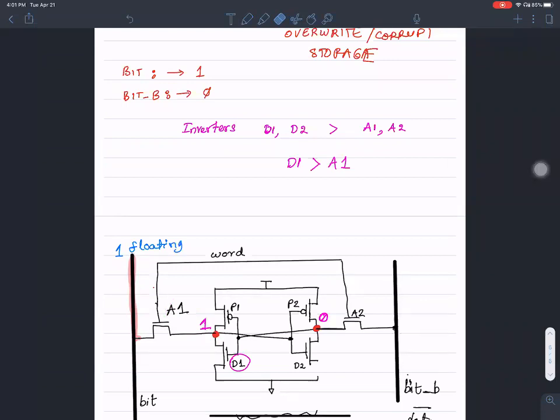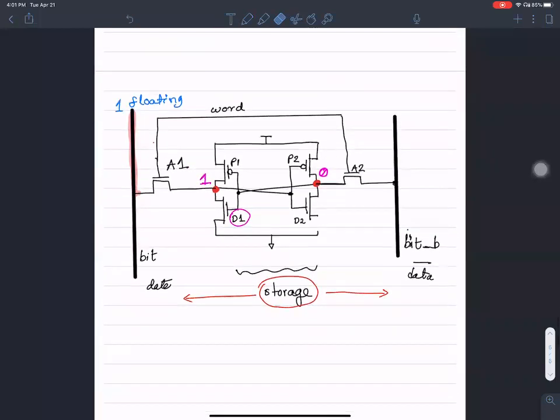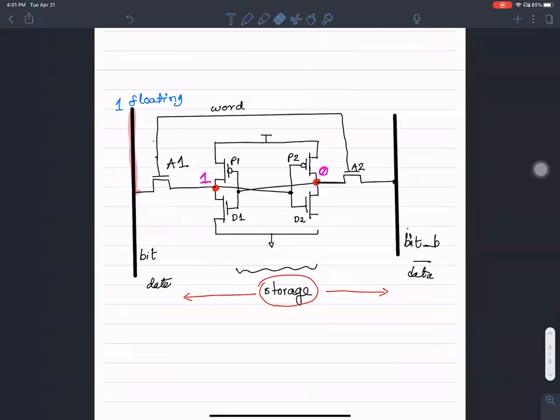So the reading operation is shown earlier. Now the writing operation: the writing to SRAM happens in this fashion. Let us say I want to overwrite the contents here.